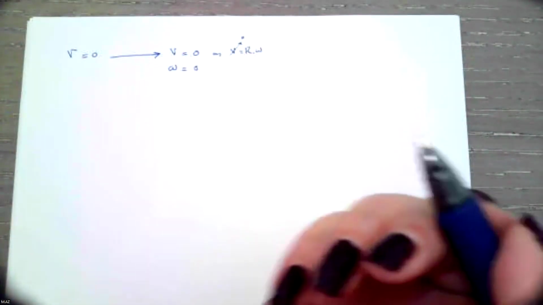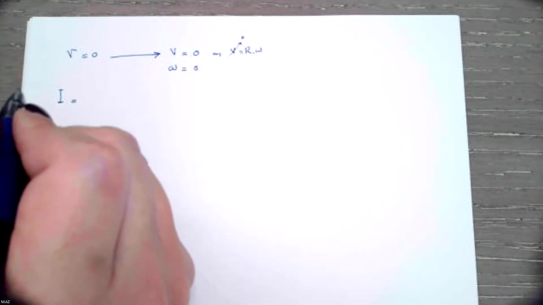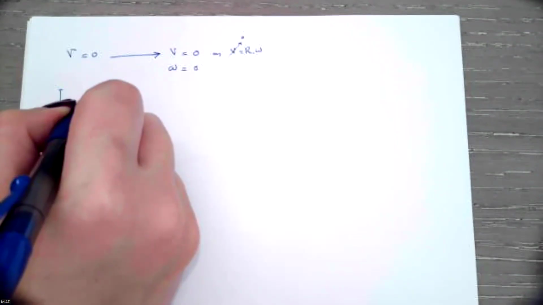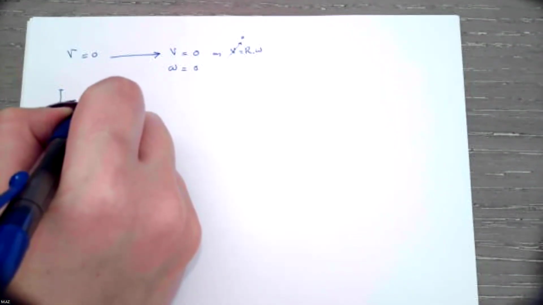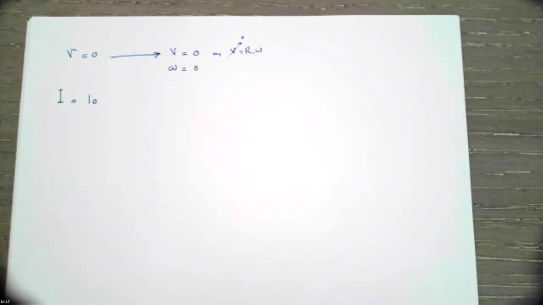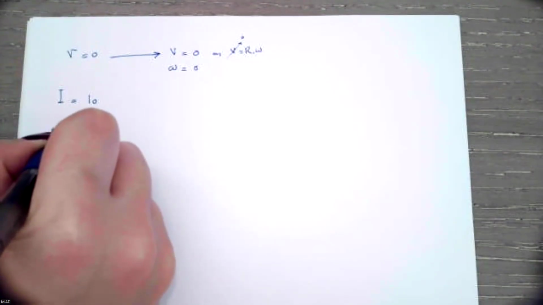This is about the initial velocity of the system. Also, the moment of inertia for the flywheel is given as 10 kilogram times meter square. Sorry, this is the moment of inertia.